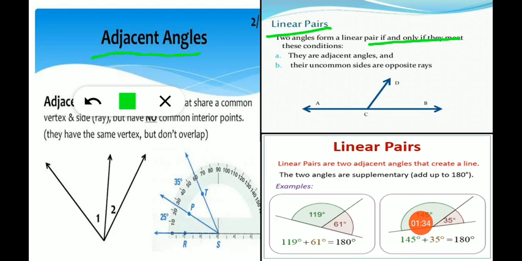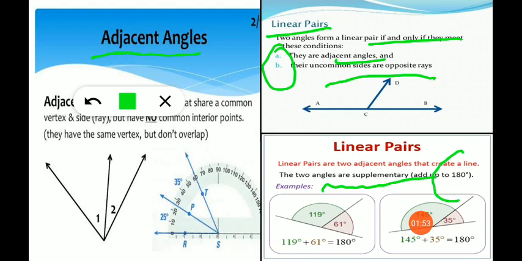Two angles form a linear pair if and only if they meet two conditions: they are adjacent, and their uncommon sides are opposite rays, which means the two angles are supplementary, adding up to 180 degrees. Such angles, which are adjacent as well as having a sum of 180 degrees, are known as linear pair angles.